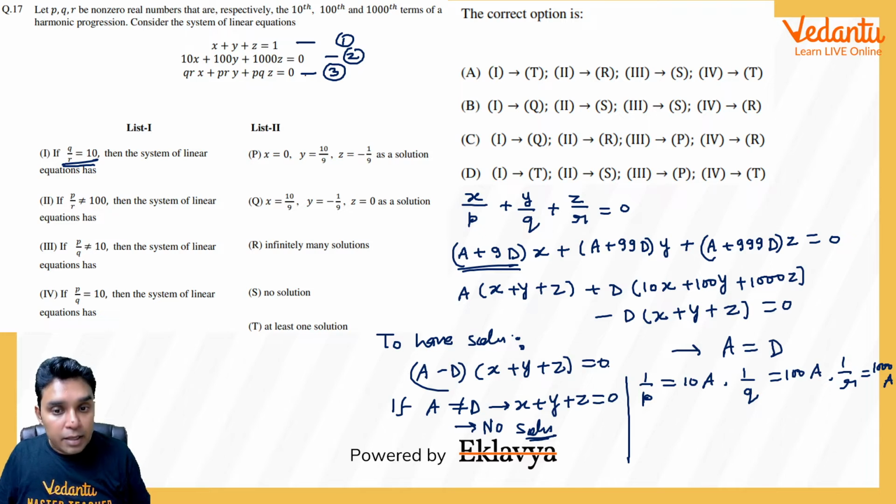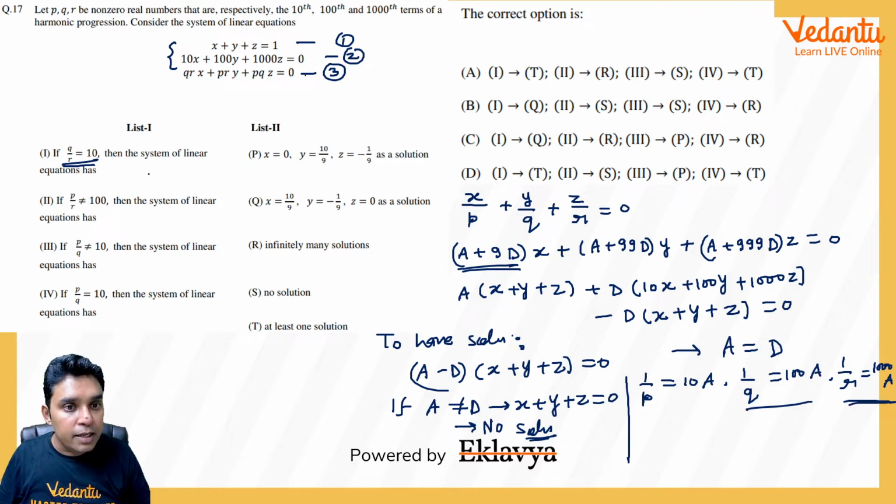In fact, this third equation is just a duplicate of the equation derived from 1 and 2 only if A is equal to D. And in that case, because these two equations represent non-parallel planes, they will have infinite solutions. So if Q upon R becomes equal to 10, the system of linear equations will have infinite solutions.